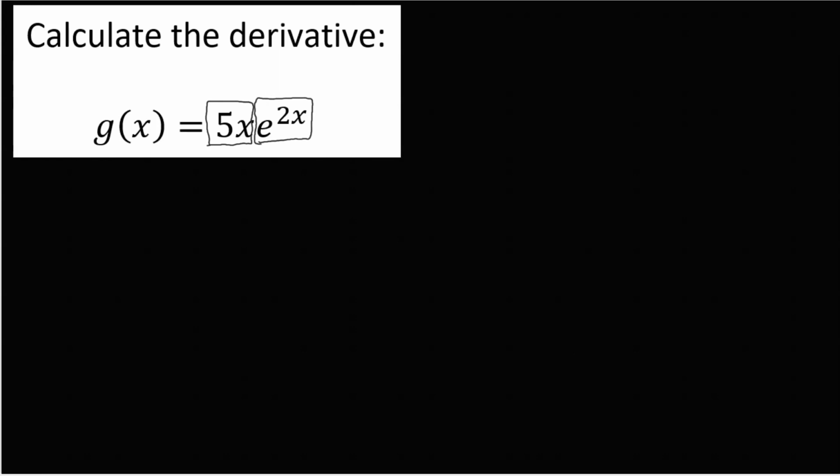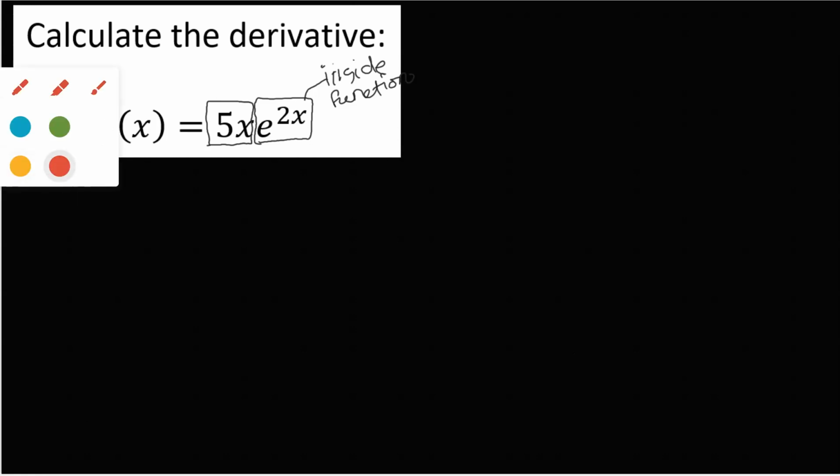The second factor has an inside function, meaning now it has to be the chain rule. So we are doing product and chain rule together. Okay, so here we go.